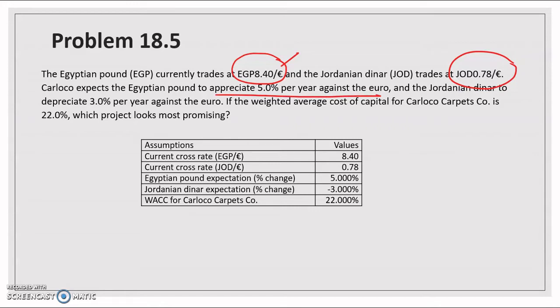So the Egyptian pound is going to appreciate, meaning every year for the same 1 unit of euro, the Egyptian pound has to give lesser exchange value because they are appreciating. And the Jordanian dinar to depreciate by 3% every year.